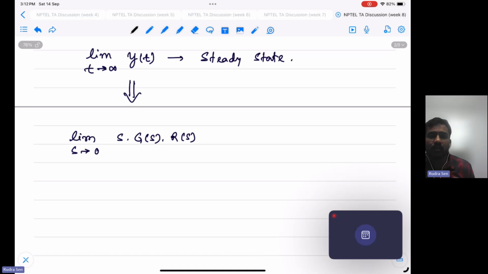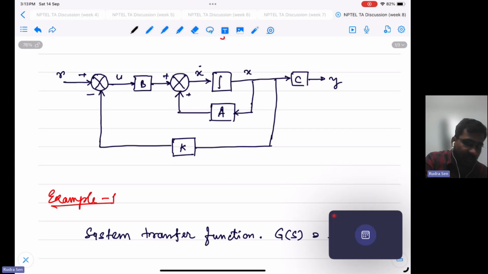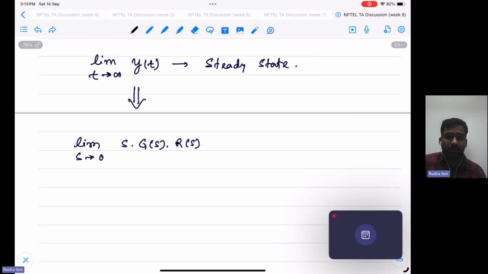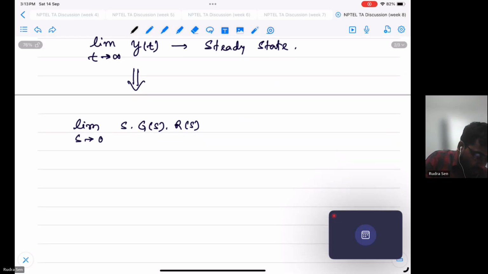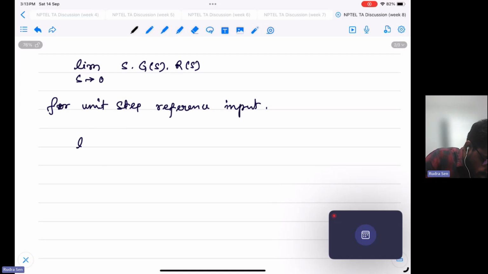So what is R(s)? R(s) is the reference input. This is r(t) and its Laplace transform is R(s). So for the unit step case, what is the steady state value?